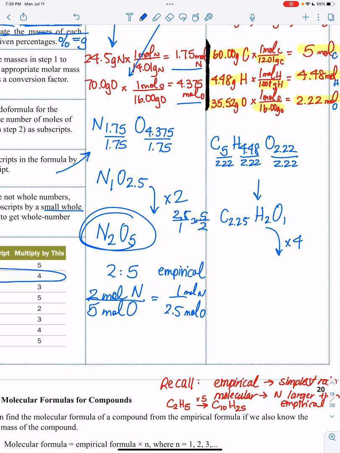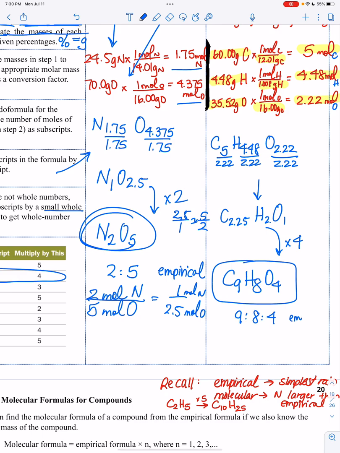If I do 2.25 and I multiply it by 4, I'll get 9. If I take 2 times 4, I get 8. If I take 1 and I multiply by 4, I get 4. Boom. Empirical formula. 9 to 8 to 4 is an empirical formula. It cannot be simplified any further.